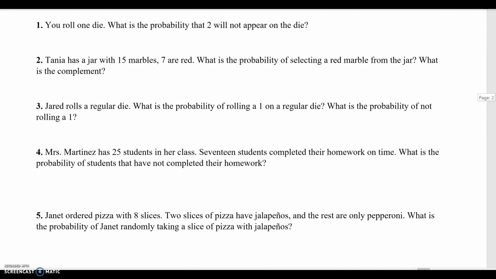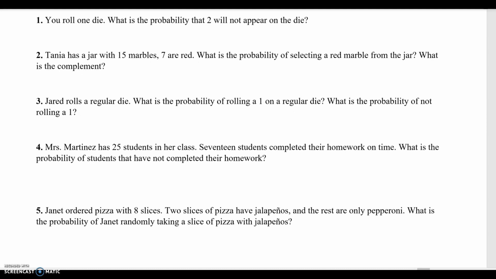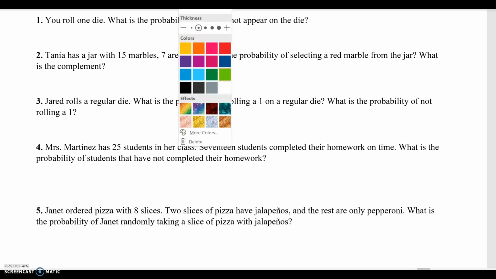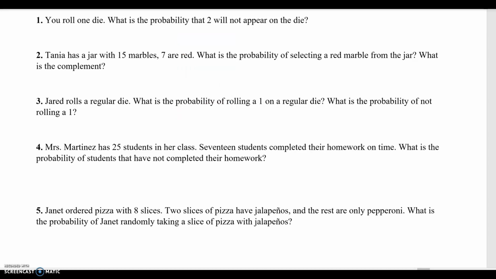All right, so now you're going to go ahead and work through the word problems. Let's make sure that we are text coding. So you roll a die. What is the probability that 2 will not appear? So we are not looking for 2. So I would always list the outcomes. So I'm rolling a number cube. So 1, 2, 3, 4, 5, 6.